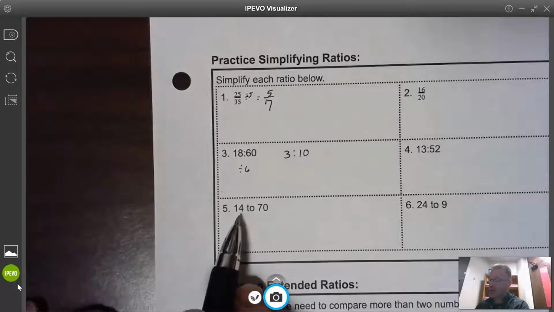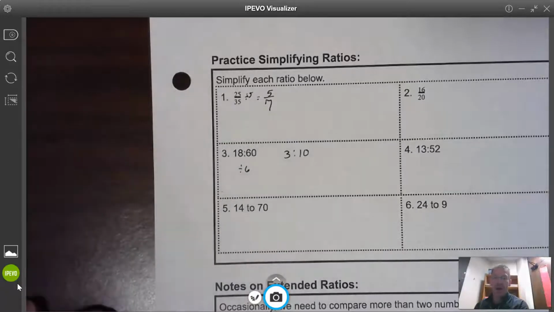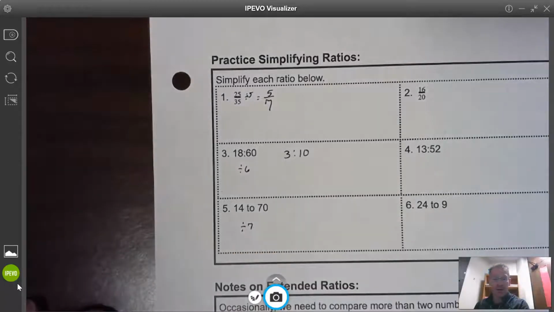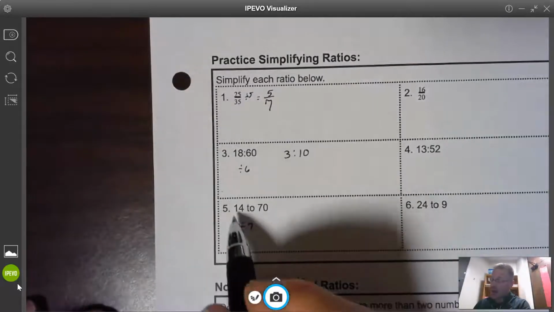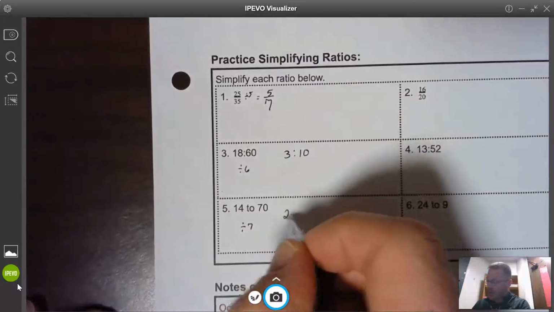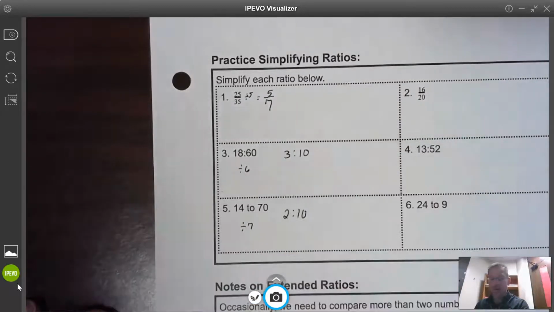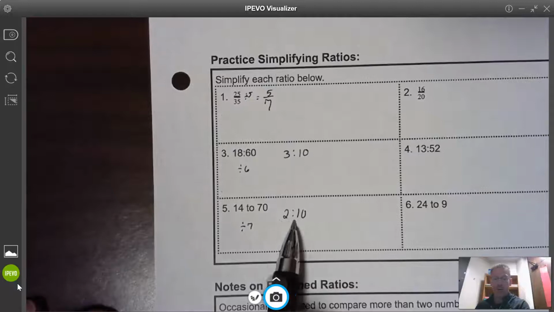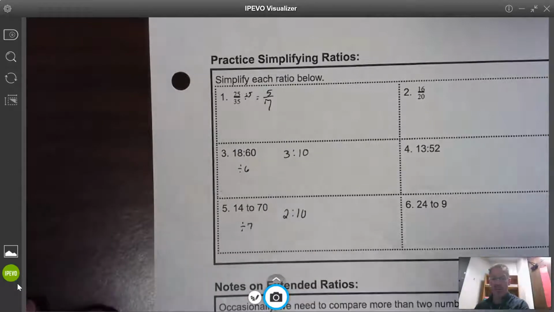All right, so now when I go to 14 to 70, the GCF would be 7. So you want to divide everything by 7. Actually, I don't think this is it. I just saw 7 here. Notice that gives me 2 to 10. I thought the GCF was 7, but when I get here, there's something else that I can divide 2 and 10 by, which is 2.